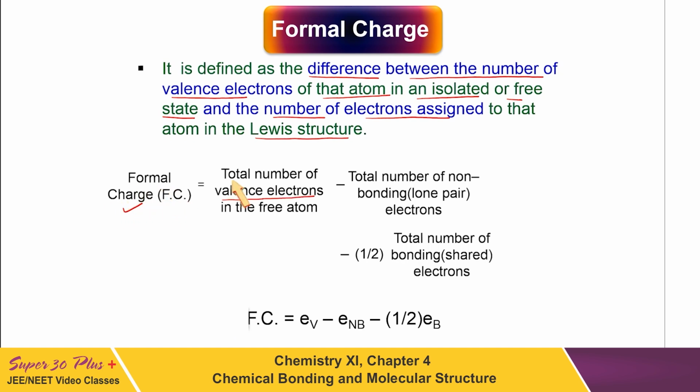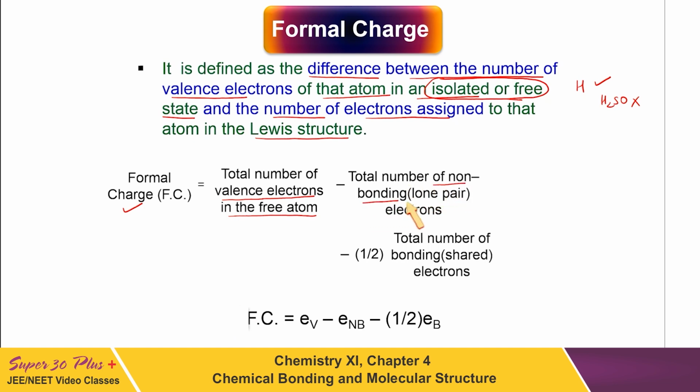FC: total number of valence electrons in the free atom or the isolated state, like we mentioned here, free or isolated. You know what is free? Hydrogen is free, but H2SO4 is not free. Hydrogen is in free form, but H2SO4 is not free form, it is a molecule. So the total number of valence electrons in the free atom minus the total number of non-bonding electrons.